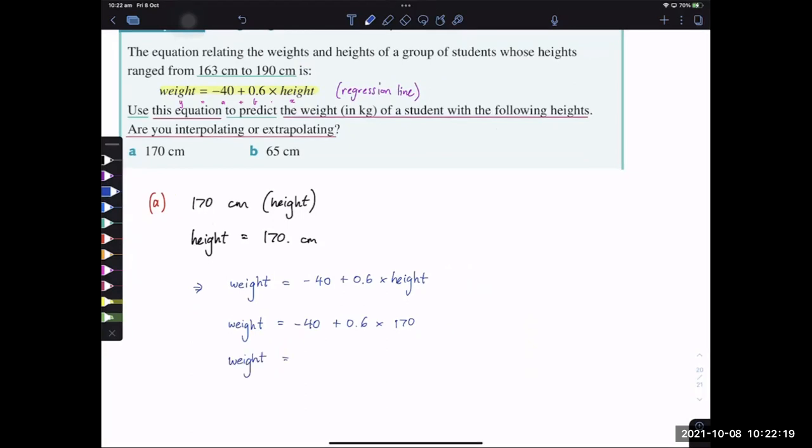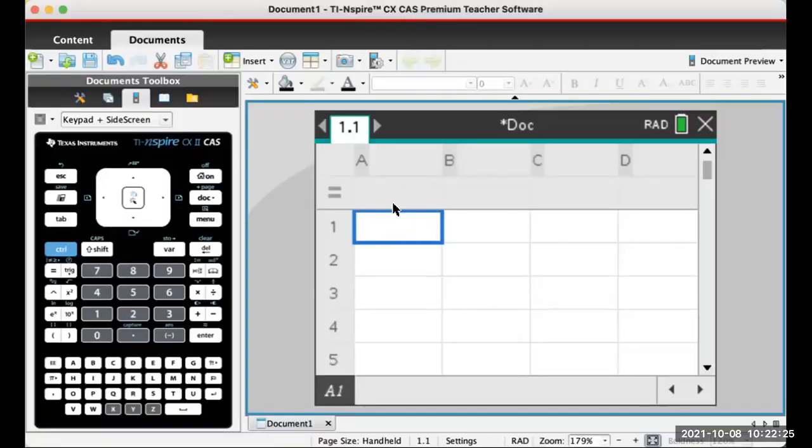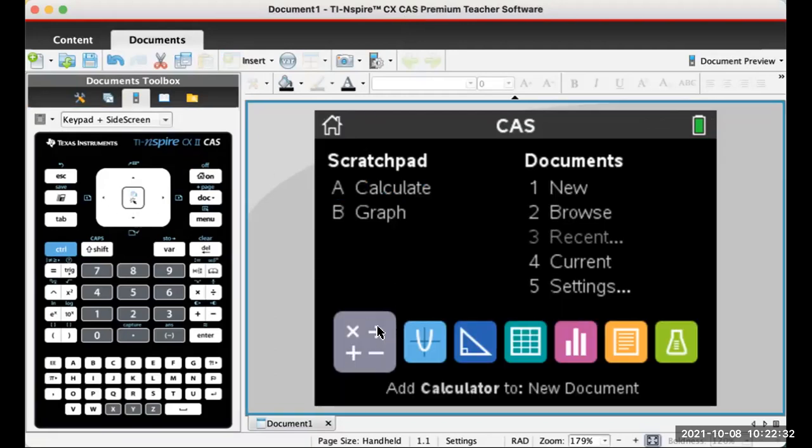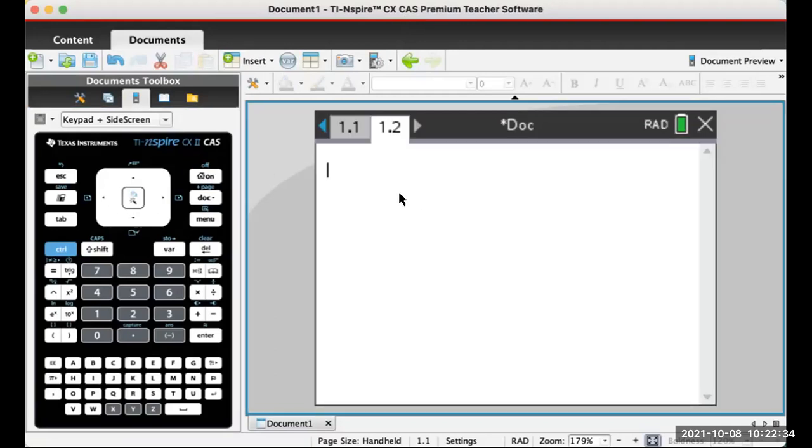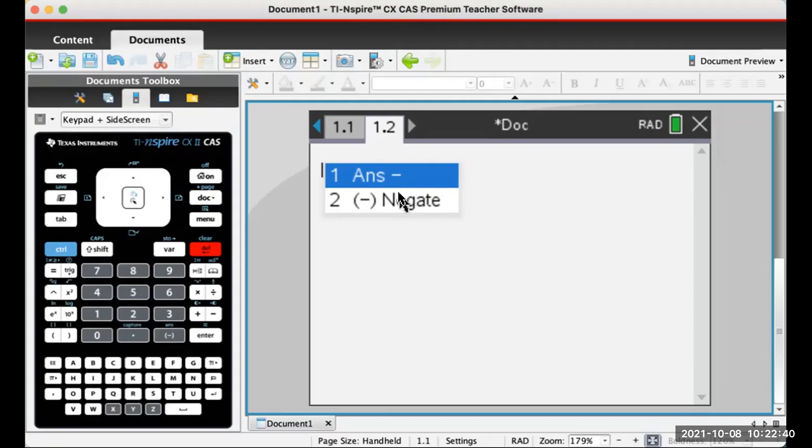We go to our CAS calculator. We're not doing a spreadsheet, so I'm just going to press on calculator. And we type in our line. Now, if I push a negative here, it's a negative 40.